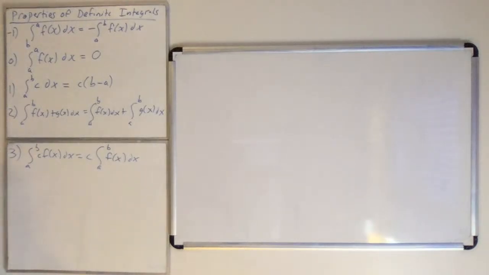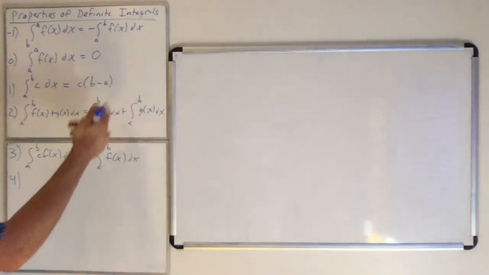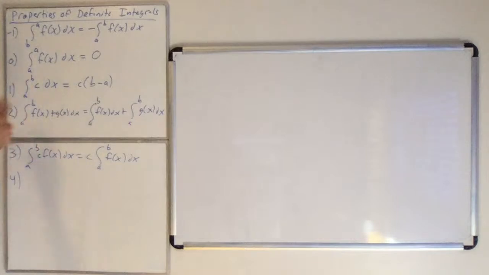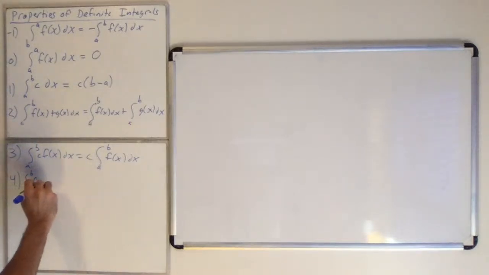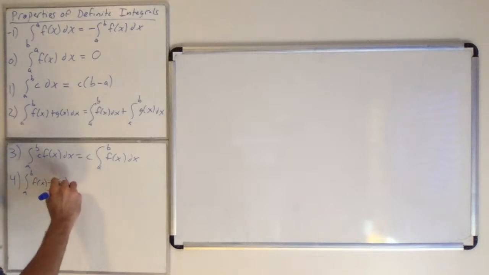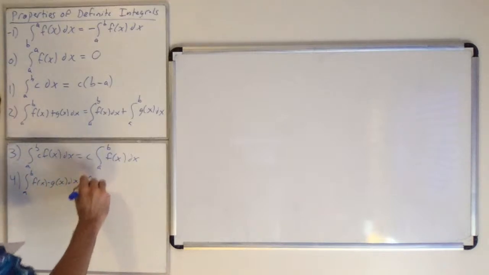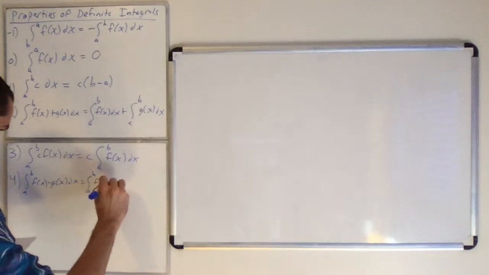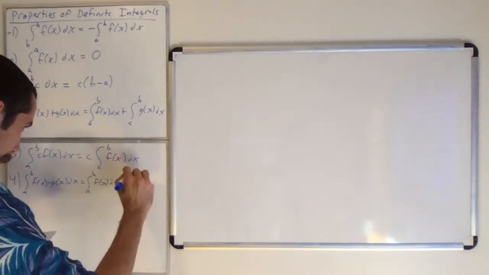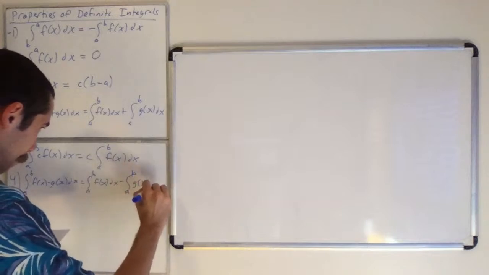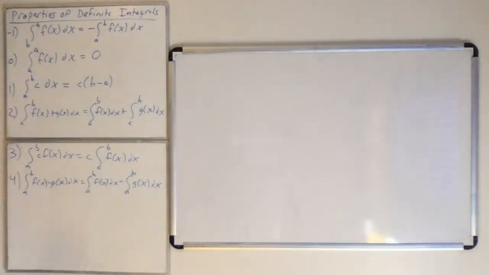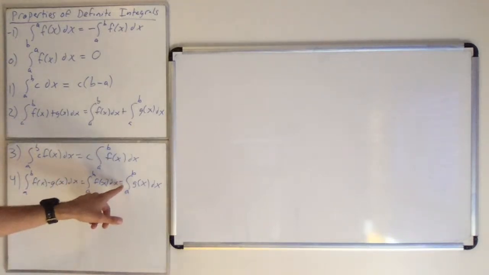And then last on our list before we get to an example, it's the same as the addition one. It's combining rules 2 and 3 to give us what happens when we have subtraction. So if we have two functions separated by subtraction, then we could break apart the integrals with a minus sign.